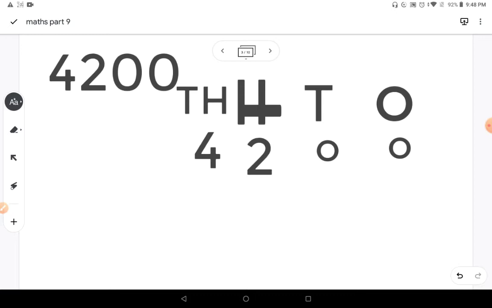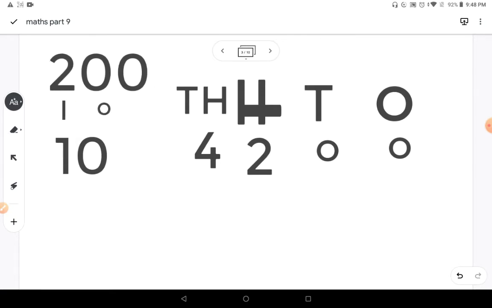Then suppose you are given the number 10. This is the ones place and this is the tens place. You don't have hundreds and thousands in this case. So you can represent it as 1 ten and 10 ones. Both are correct.